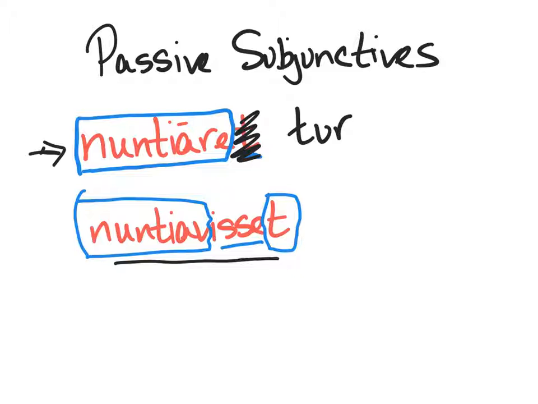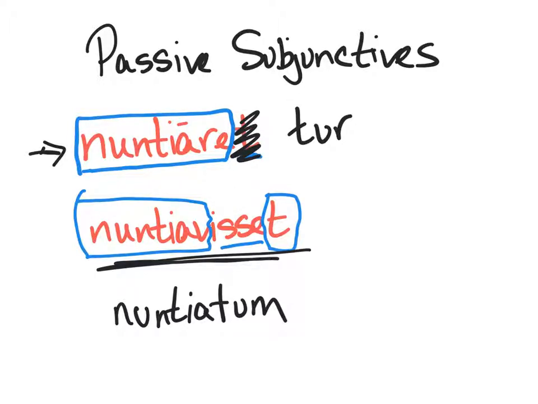But what about this pluperfect passive subjunctive? Well, if you remember, pluperfect passive is a two-part verb. That means you're going to have the fourth principal part, the participle, plus some form of the imperfect of sum. So, if you wanted to make this verb passive, it would be nuntiatum.